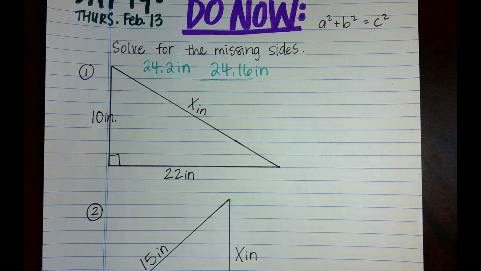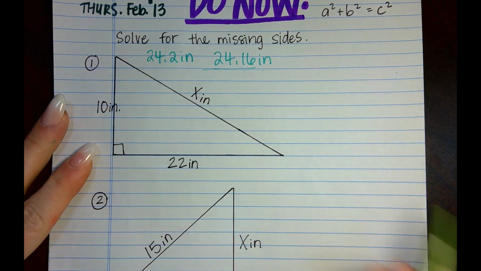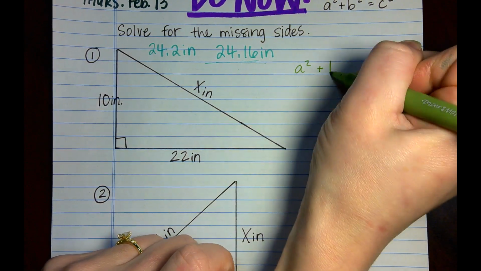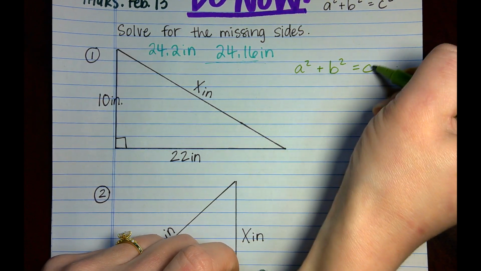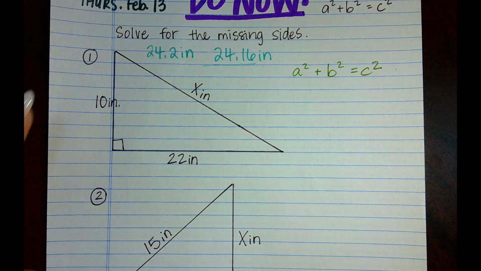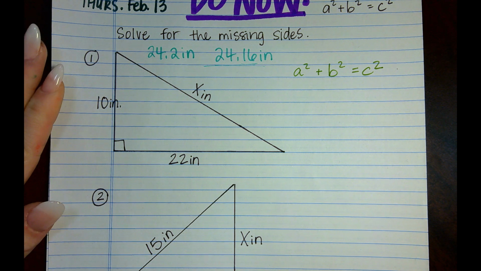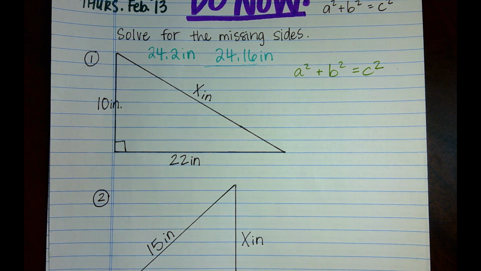Make sure we all understand. When we are using a squared plus b squared equals c squared, we first need to decide what our a, b, and c are. Does it matter which one I choose for a, b, and c?